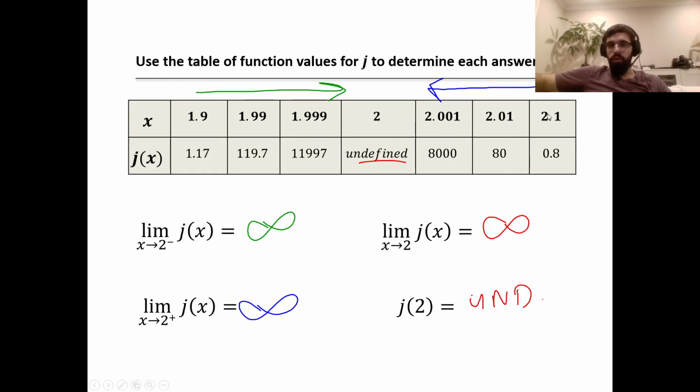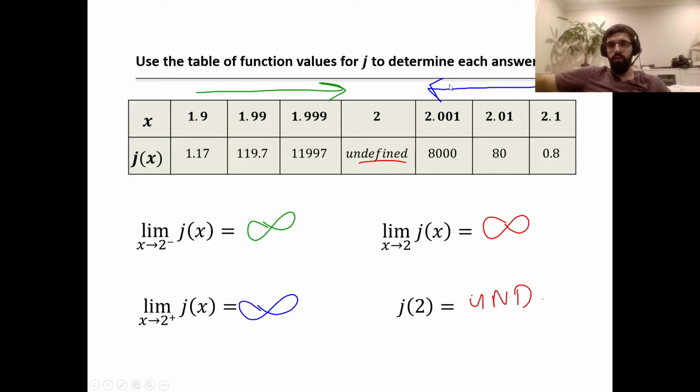As we approach 2 from the right, we see a similar trend, 0.8. We go from 0.9 down to 2, and it goes up 100-fold. And if we go by even a tenth of a factor, it's going up from 80 to 1,000. So another 100-fold.